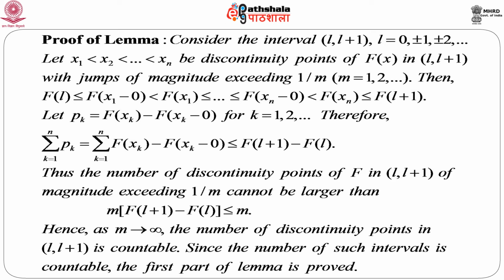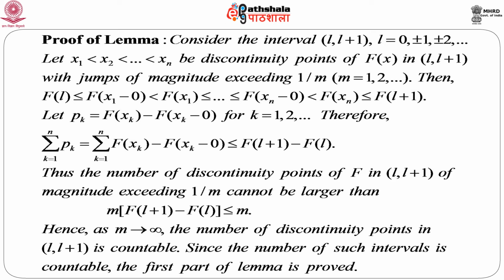Let us also consider n discontinuity points of F, that are points of x, that lie within this interval L to L plus 1, where there is an order among them, that is x 1 less than x 2 less than x n, and these discontinuity points of F x have jumps of magnitude exceeding 1 by m. Now, remember m equals 1, 2 and so on, m must be a positive integer.